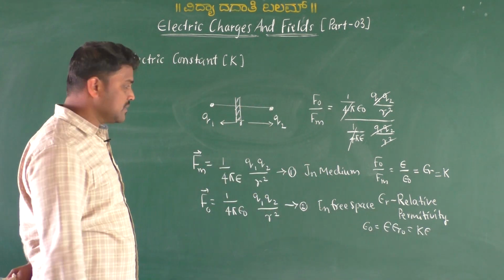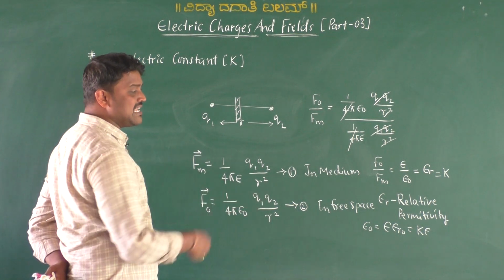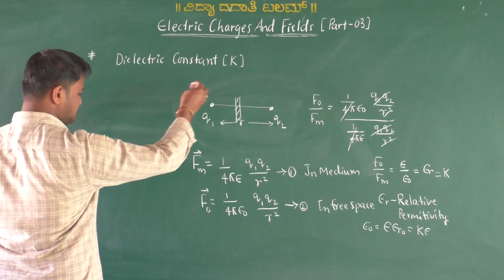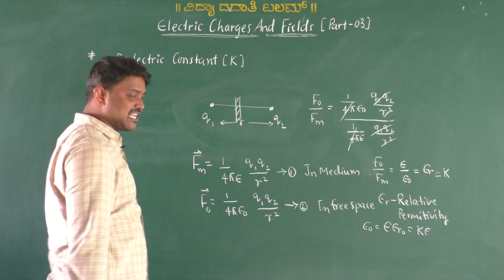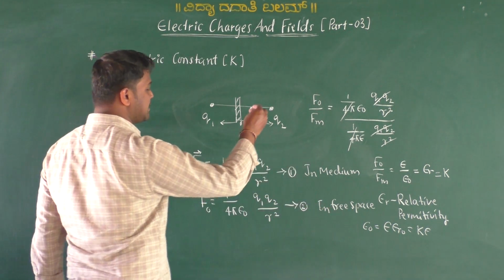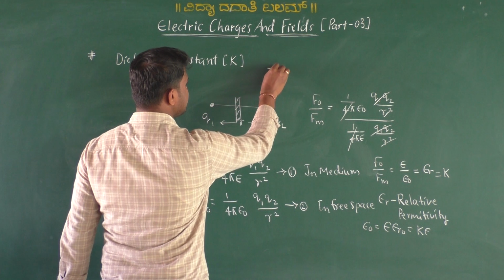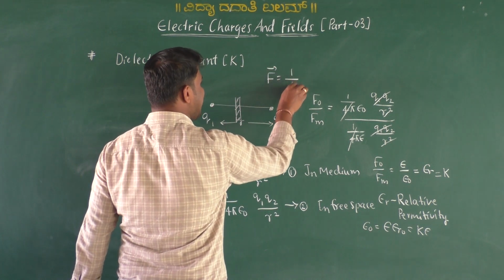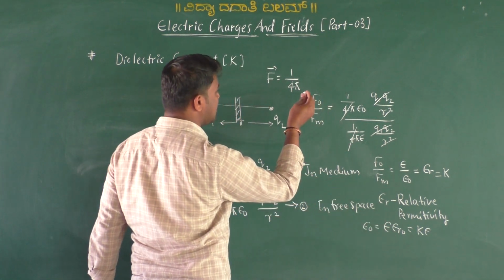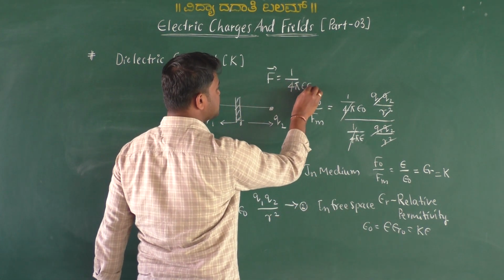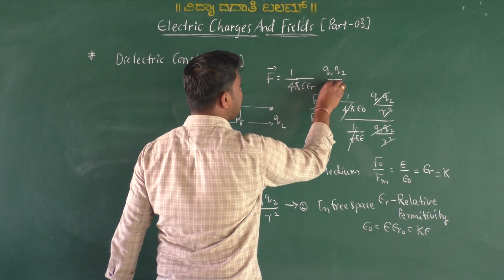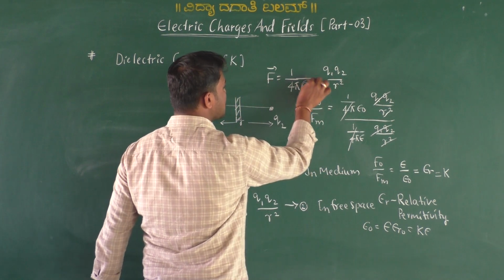So equation 2 can be rearranged as follows. When these two charges are placed in free space, replaced by the epsilon naught value, we get vector F equals 1 upon 4 pi, as usual, epsilon naught into epsilon r, Q1 Q2 divided by R square. It can also be represented by k.